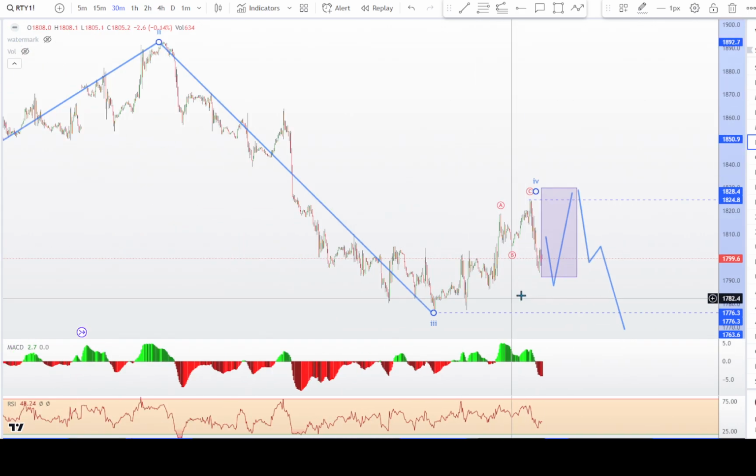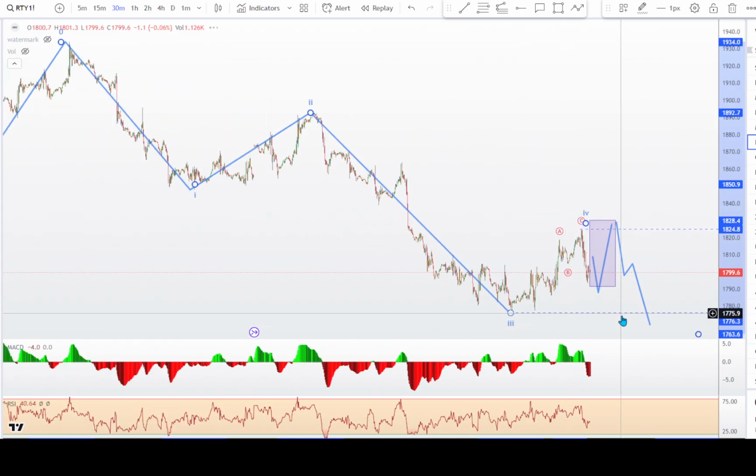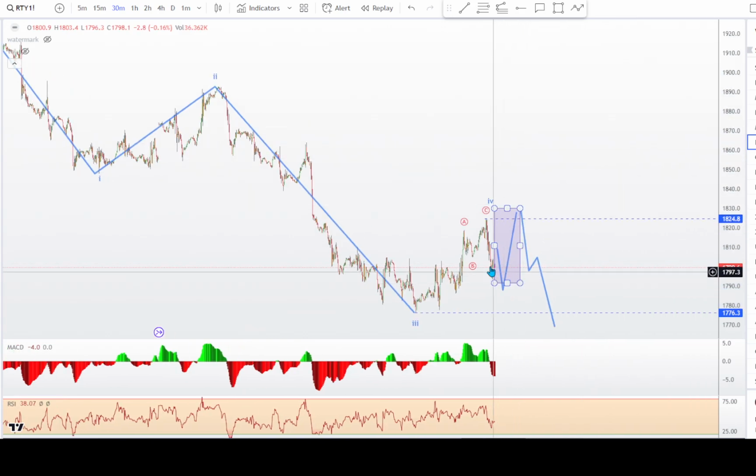I don't see it going down massively. So even if you buy here, and they do break that low, it won't get too far away from you, and then you've got a whole ton of upside. So let them play this out, but down in here, I'd definitely be looking for a buy setup, at least up to here.